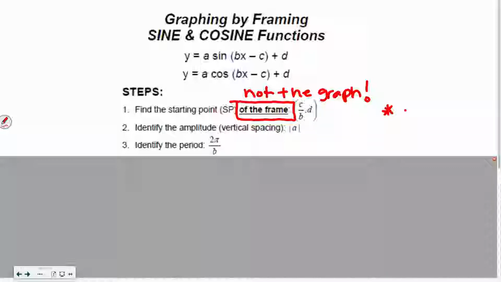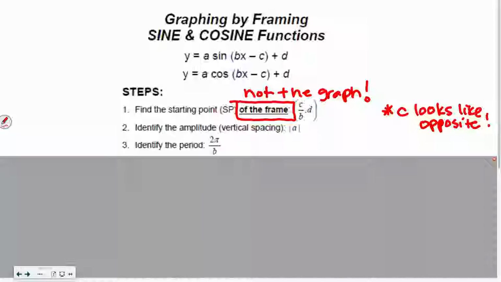This is also a good time to remind yourself, if you're the kind of person that always makes the same mistake with the horizontal shift, that it looks like the opposite. I get a few people every year who never get that right, and I want you to get that right.